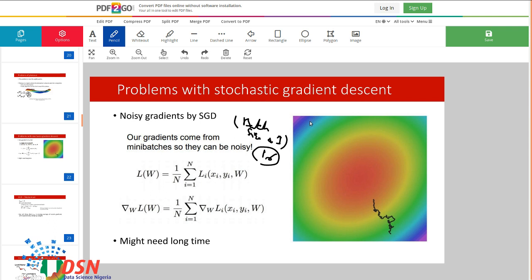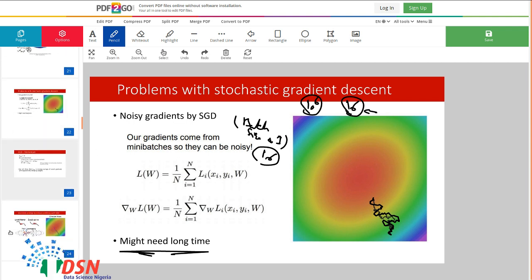Because when you have a large data set, using 16 samples from a data set of 1 million images to estimate the gradient can be really noisy; in other words, it has a high variance. So you probably have something like this on the way towards the minimum, and it takes a long time, and we should solve these problems.